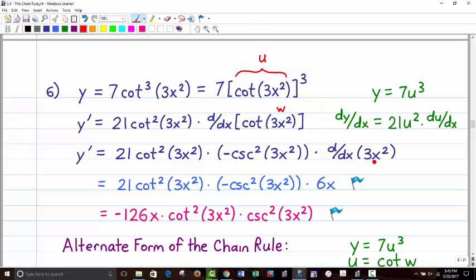So the derivative of that 3x squared produces a 6x. Right, so I just combined the 6x and the negative and the 21 and just put negative 126x way out in front and left it as cosecant squared of 3x squared, and there we go.